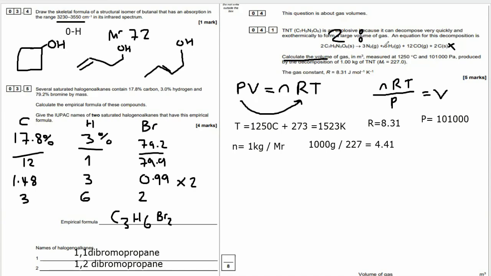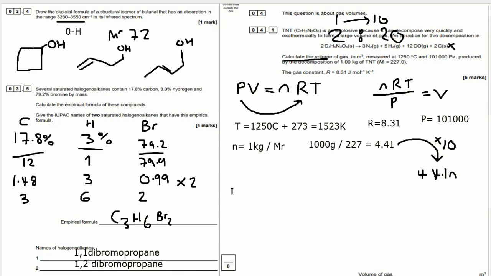So we've got 2 to 20. Let's simplify that. We have a ratio, therefore, of 1 to 10. So once this reaction has taken place and there's no TNT left, my moles are going to be times by 10. And so that means n is going to be 44.1. Now, that was the hardest bit of this question. And if you messed it up, it should only cost you 1 mark.